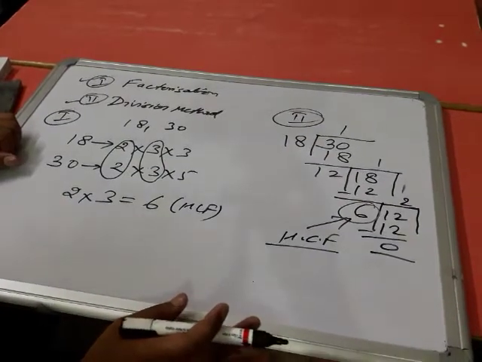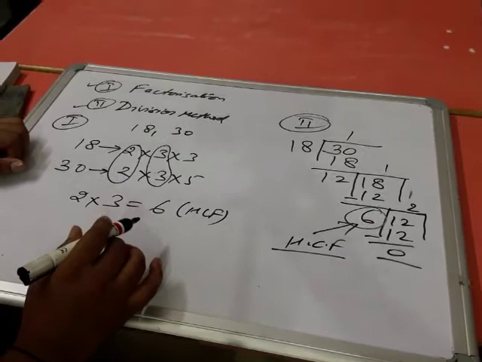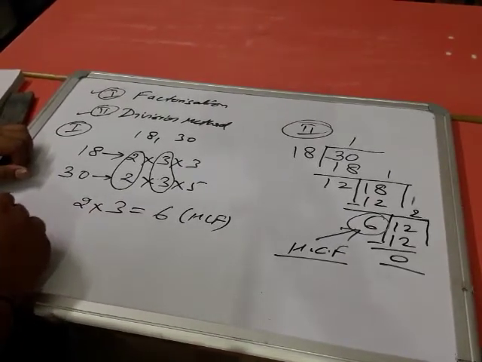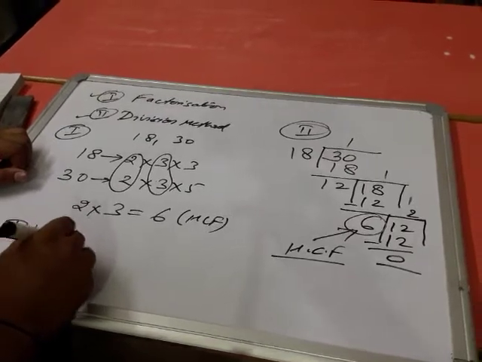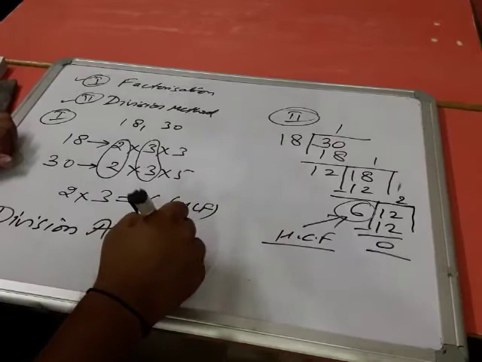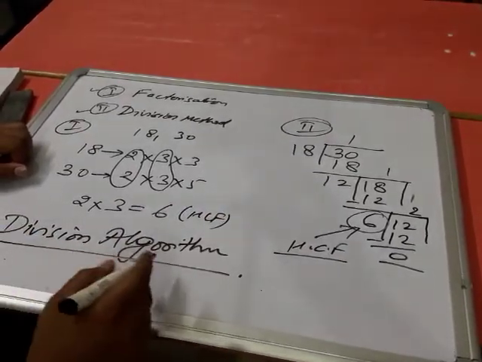But in the question we have to find the HCF by Euclid's division algorithm. So first of all we must know what a division algorithm is. Next we will study the division algorithm.